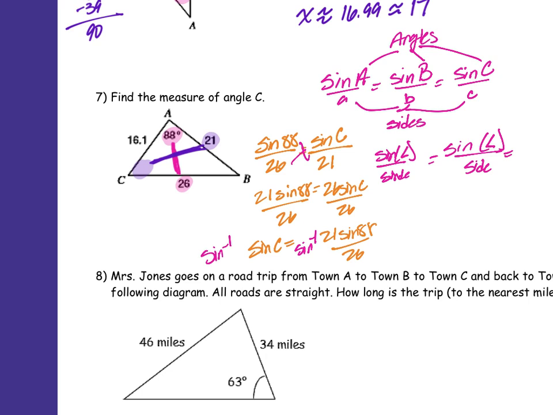And then parenthesis, 21 sine of 88, and then parenthesis, parenthesis, because I want to close off the 88 for the sine, and then close off this parenthesis, and then divided by 26.